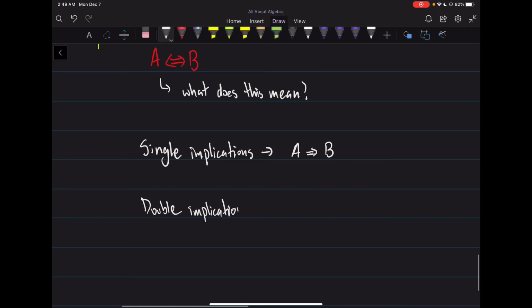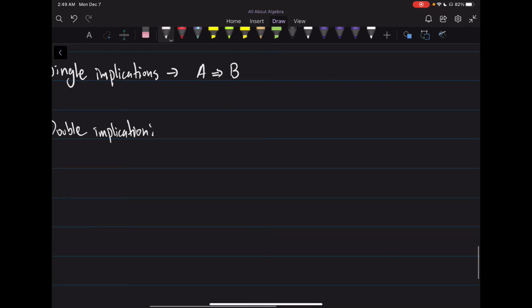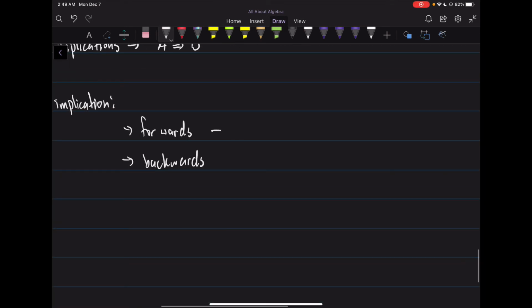Well, we have something called a forwards and a backwards. So if we know that our forwards is equal to this, what would our backwards be? Well, our backwards would be B implies A, right?